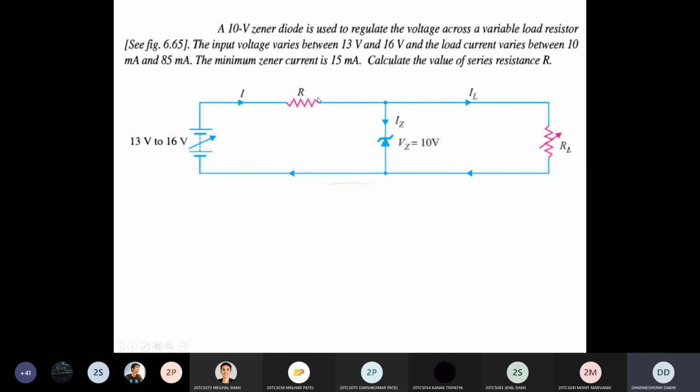Calculate this value of series resistance. This is unknown value. Here your load varies, so the current flowing into the load also varies between 10 to 85 milliampere. And the minimum current flowing into this Zener diode is 15 milliampere. Zener voltage is given 10 volt and input voltage varies between 13 volt to 16 volt. For this, calculate the value of this unknown resistance.